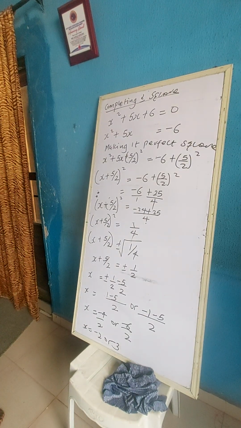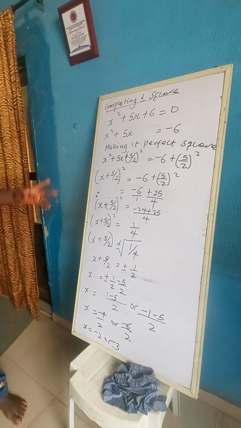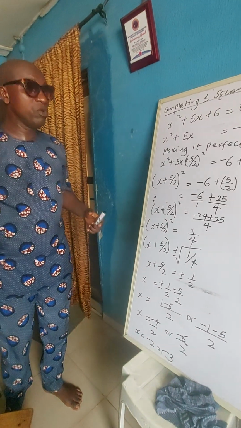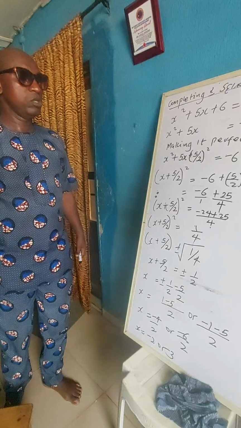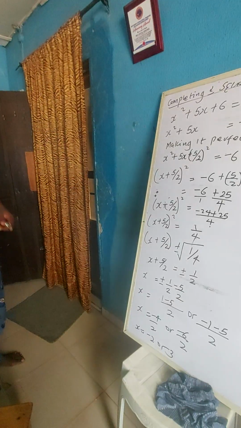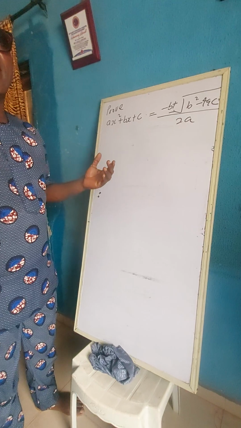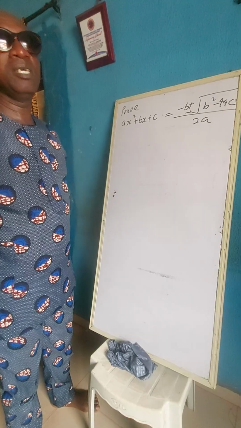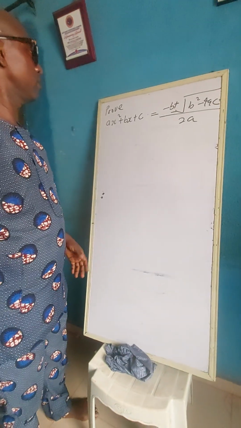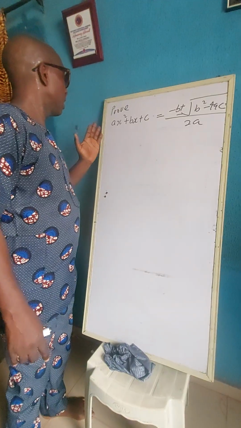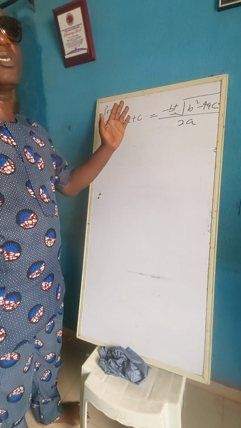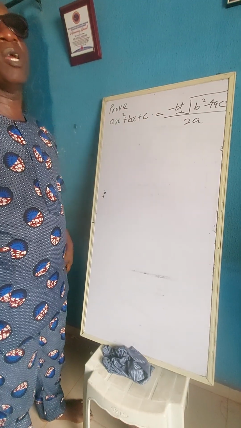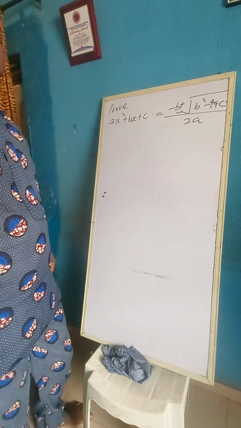That's all about quadratic equation. Like I said, the proof of this, I will do that one for you to gain. Then we move out of quadratic equation to simultaneous equation. The other time I told you about the WAEC questions that come out some years and keep on coming: prove that ax squared plus bx plus c equal to 0 gives x equal to minus b plus or minus square root of b squared minus 4ac, over 2a.